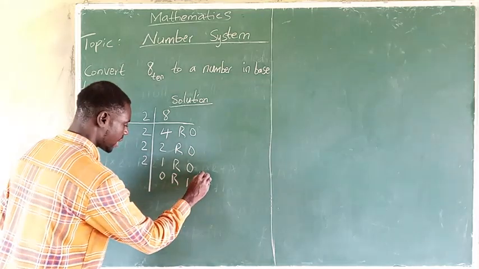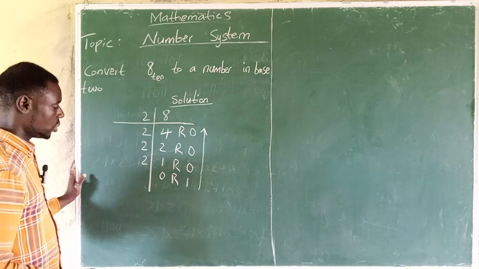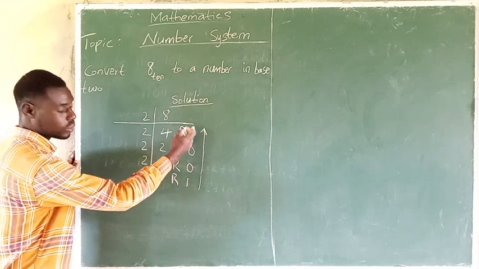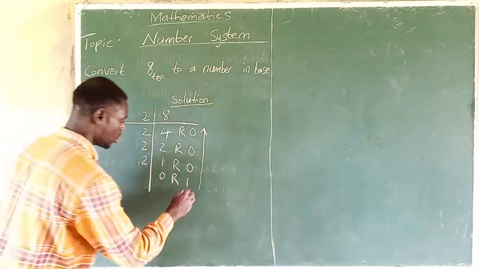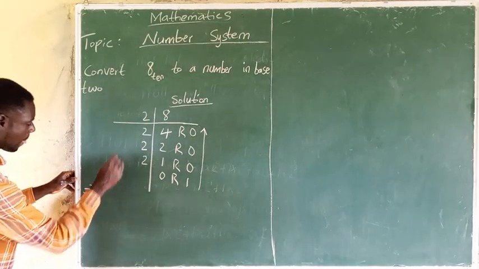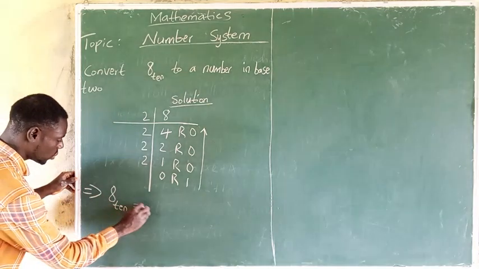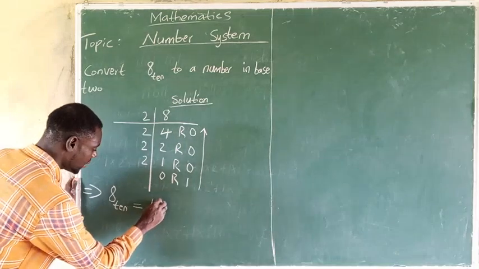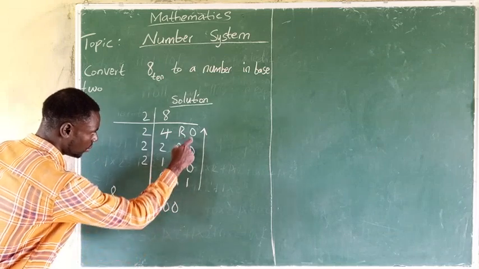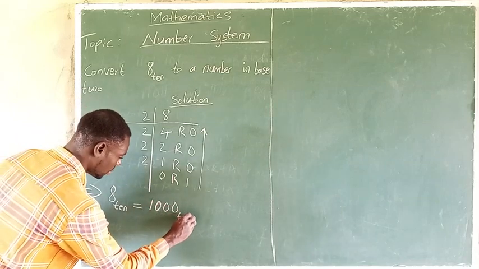So you take your arrow from the bottom up. You are taking your arrow from this last remainder to the first. So this implies that 8 base 10 is equal to 1000, the remainders, base 2.